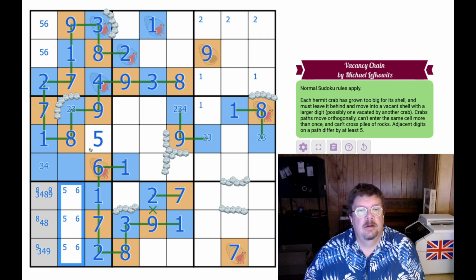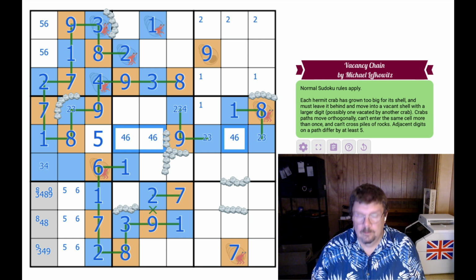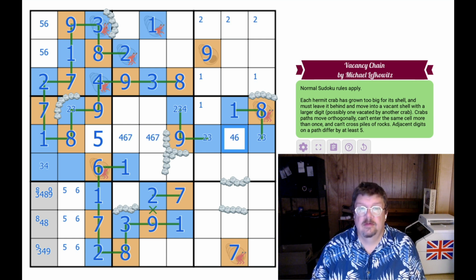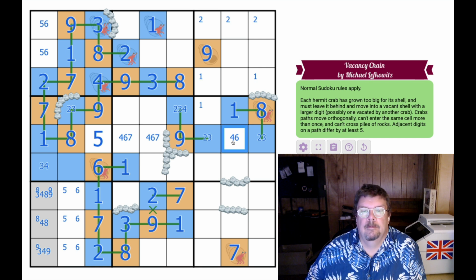Oh, okay. What are these 3 digits here? They are 2, 3, 4, 6, and 7. That can't be a 7. That can't be on the line. If it's a 4, it would need 2 nines next to it. If it were a 6, it would need 2 1s next to it.